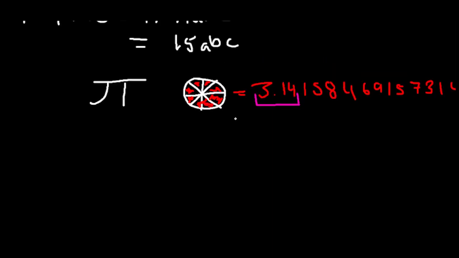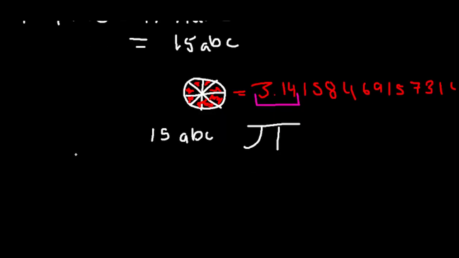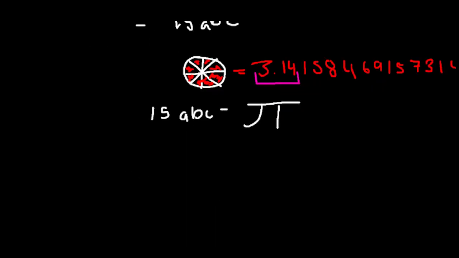Going back to solving the triangle, you have 15ABC, and so you can actually take the pi and move it over here. And once that's over there, because it's equal to pi. Okay, and since ABC is actually the first 3 letters of the alphabet, you can change this into 15.3 equals pi.